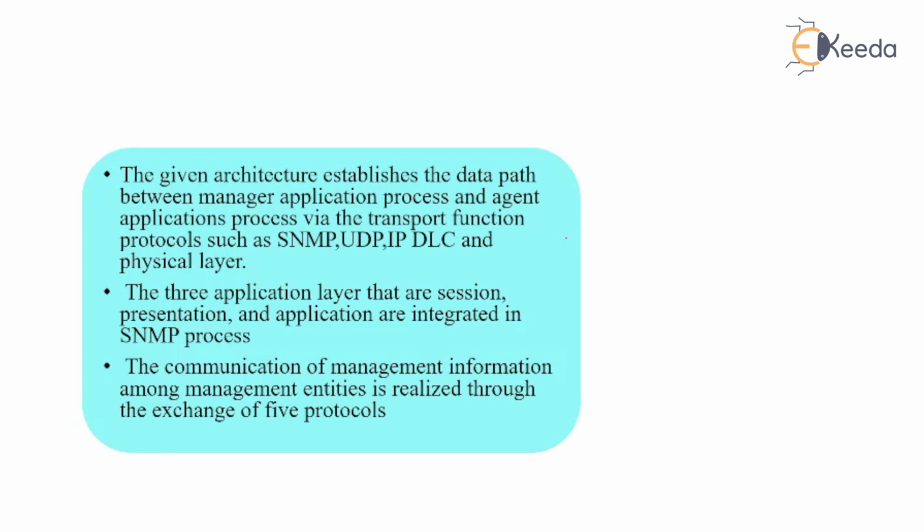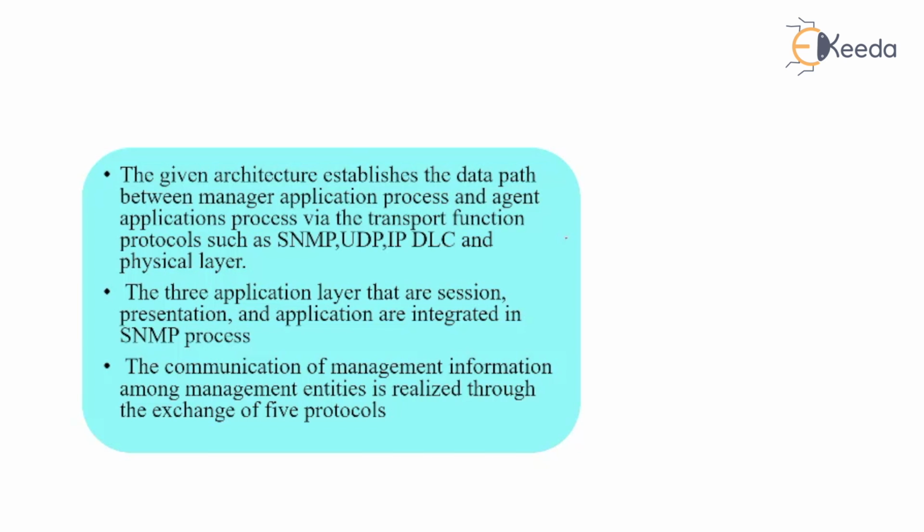The given architecture, that means what we have seen about SNMP V1, establishes the path between the manager application process and the agent application process via transport function protocols such as SNMP, UDP, IP, DLC and physical layer. The 3 application layers, that are session, presentation and application, are integrated in the SNMP process.